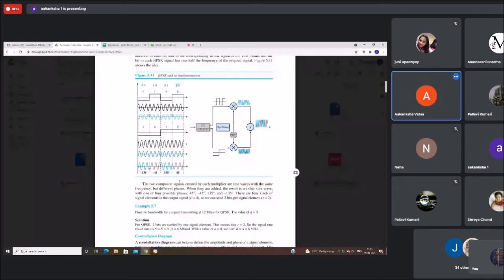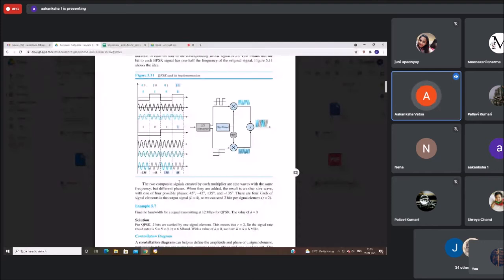So that is known as quadrature amplitude modulation. Quad means 4. So at 4 different phases, -135, -45, 135 and 45, that is quad. Quadrature means 4 phases, and quadrature amplitude modulation means that at these 4 different phases I am changing the amplitude, that is A1 and A2.